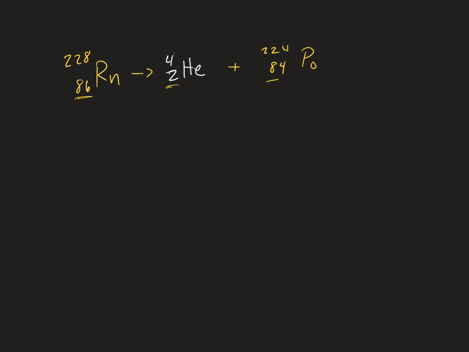Just make sure when you're done, because sometimes we do simple arithmetic wrong in our head. When I say we, I do it all the time. So we all can do this. So just check when you're done. 224 plus the 4, is that equal to 228? 2 plus 84, that's equal to 86. And just make sure it's right.